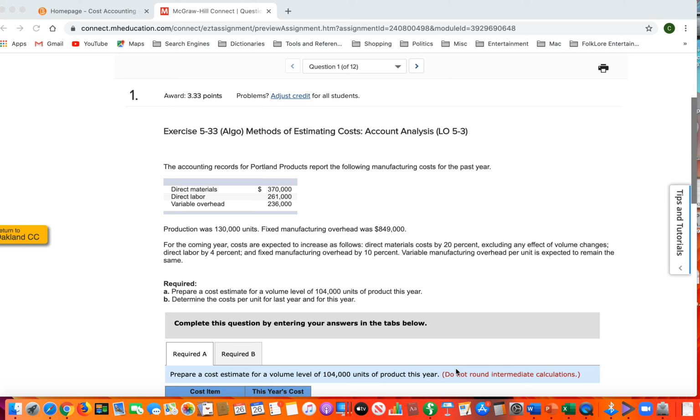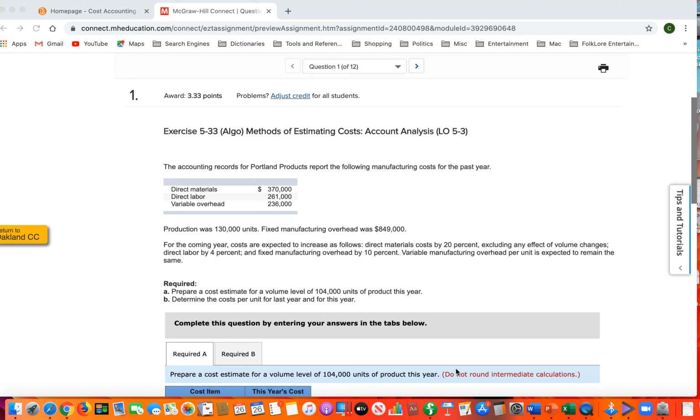The number of units dropped by 20%, actually. How they get 20% is EV minus BV divided by BV. Write that down somewhere and remember it from now on in life. EV is the ending value minus beginning value divided by the beginning value. So EV, or the ending value, was 104,000. That's the current year.